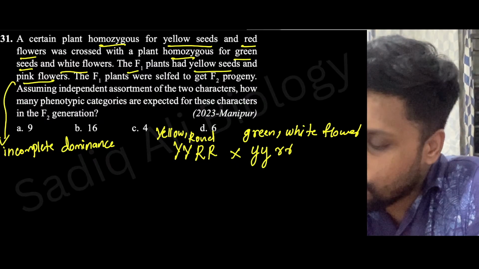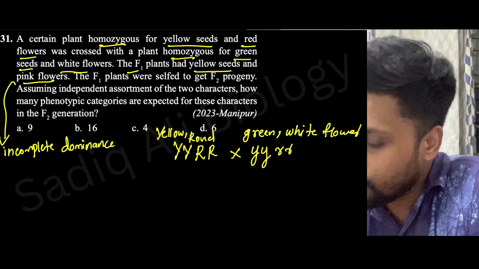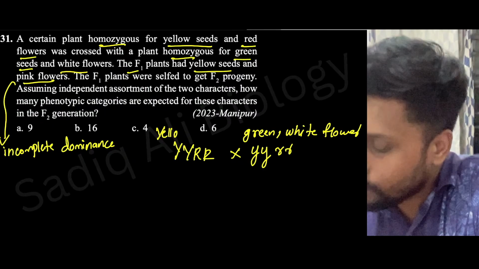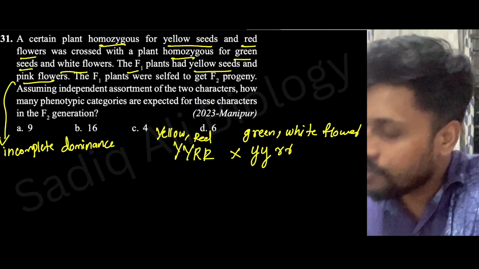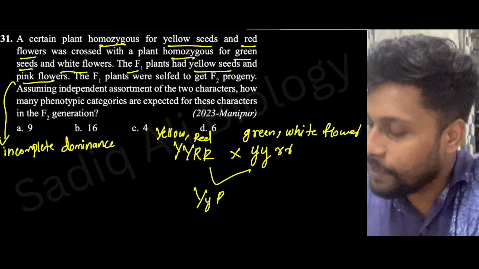No, no, some problem is there now. Yellow seed, red flower. Now you see, here we will be getting capital Y, small y, capital R, small r.